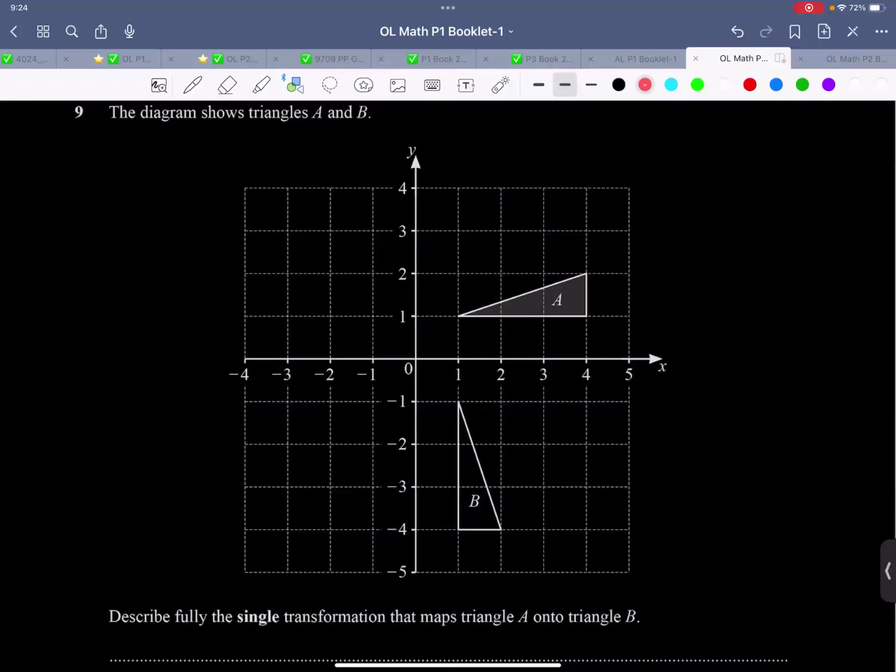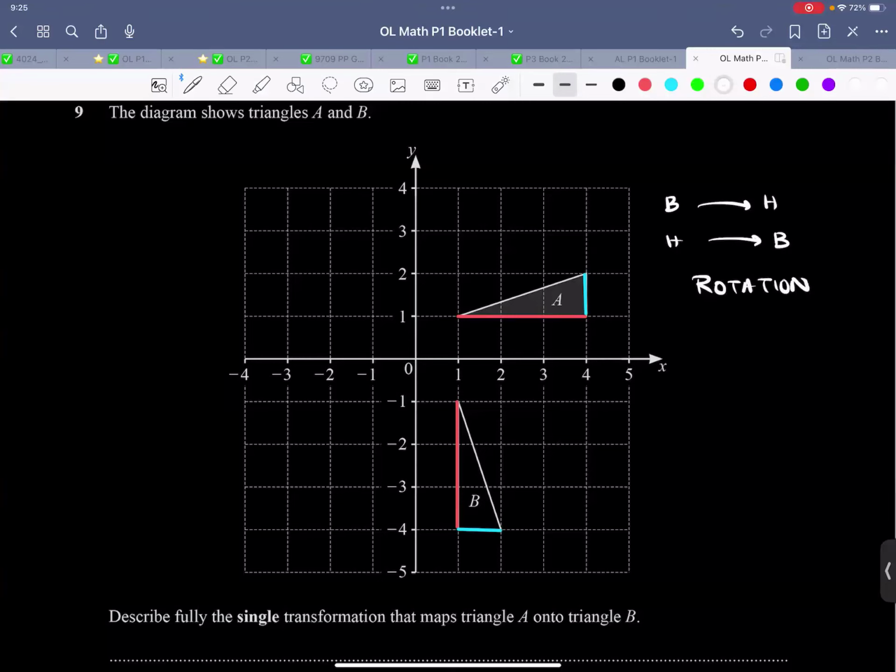Understand it very thoroughly. Transformation is the most interesting thing. This is the base of 3 units. Now it has become the height of 3 units. This is the height of 1 unit of triangle A. That has become the base of triangle B. When the base becomes the height and the height becomes the base, that means this is a rotation.